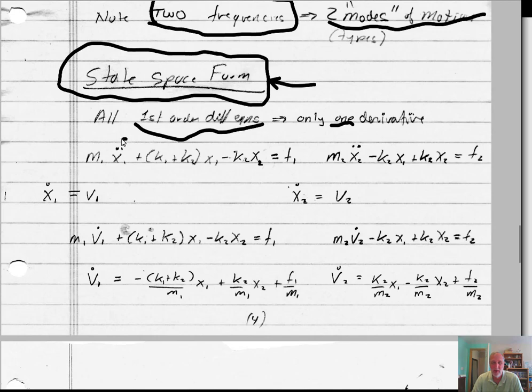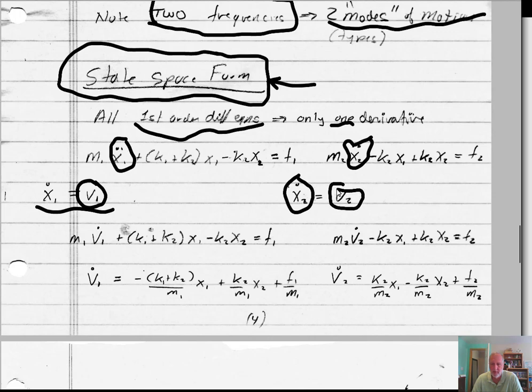So how do we do that? Because here we've got x1 double dot, and here we've got x2 double dot, and yet we need first-order differential equations. Here's the trick. x1 is position, so x1 dot is velocity, so let's just call it v1. x2 dot is the change in x2 position, so let's call it v2.